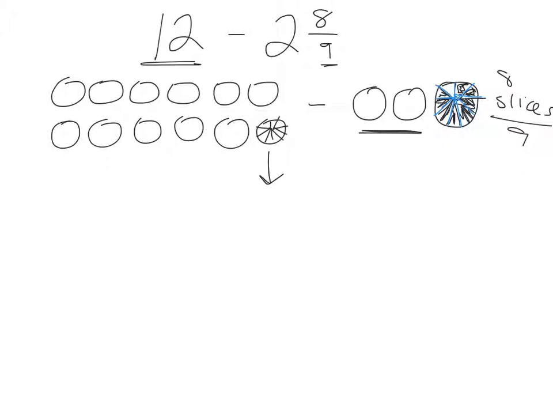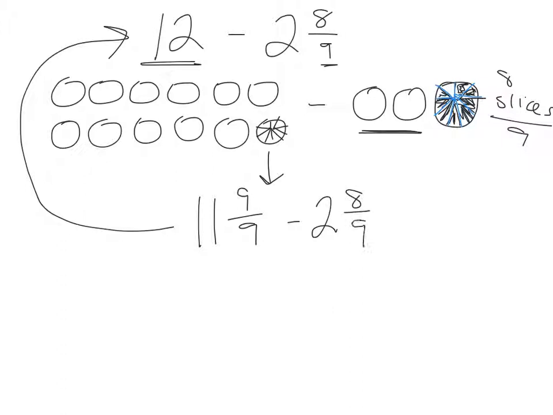So now I can look at this as I have 11 whole pizzas still. One of them I have cut into 9 slices, and since none of the slices have been eaten, I have all 9. So 12 can be written as 11 9/9. 9/9 is still 1 whole, and so this value is still equal to 12.